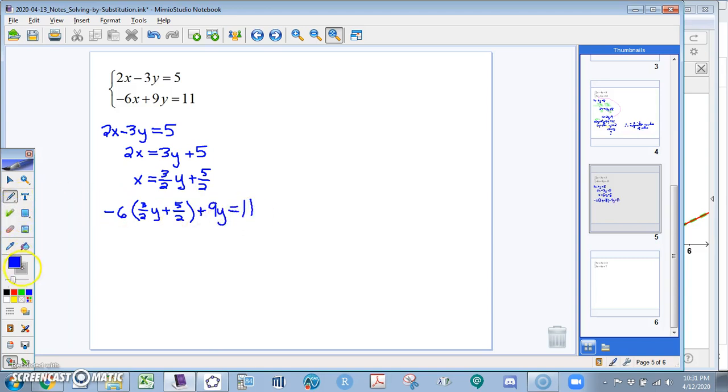Now I need to remember a little bit about how to work with fractions. If I take negative 6 times 3 halves, just looking at that fraction part, that's really negative 6 over 1 times 3 halves.